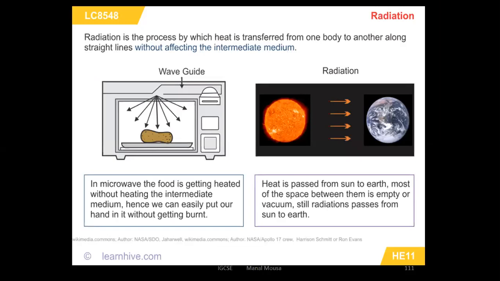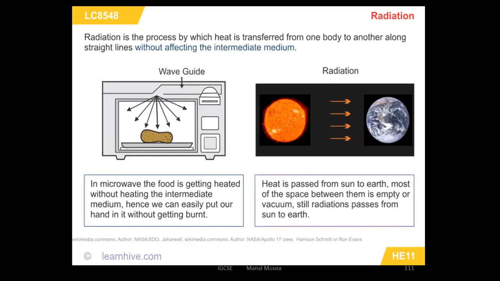The summary of radiation. Radiation is the process by which heat is transferred from one body to another along straight lines. Here we have two examples, the microwave and the radiation from the sun to the earth.